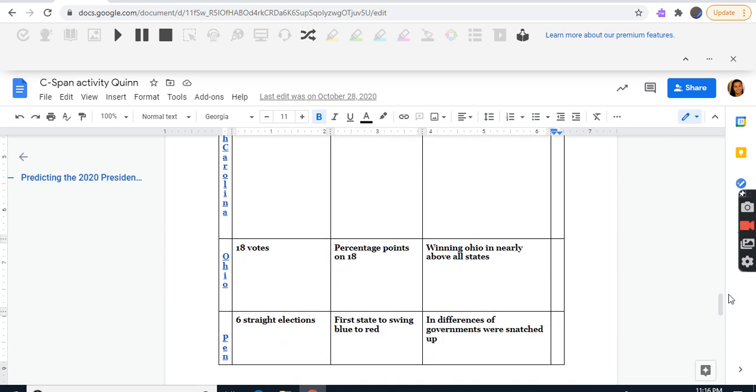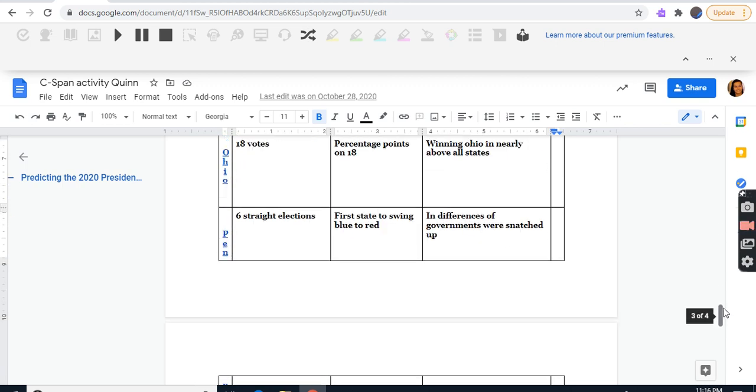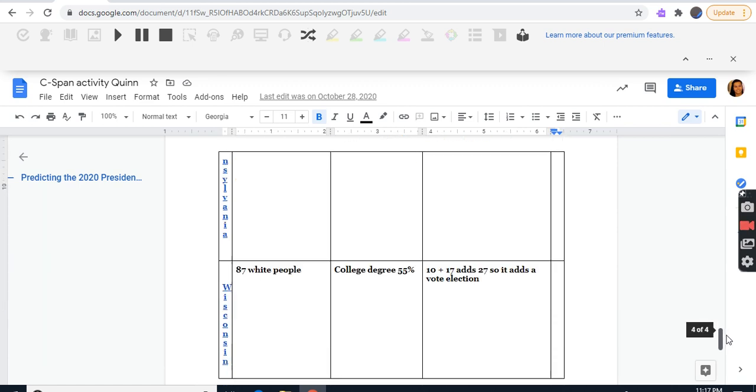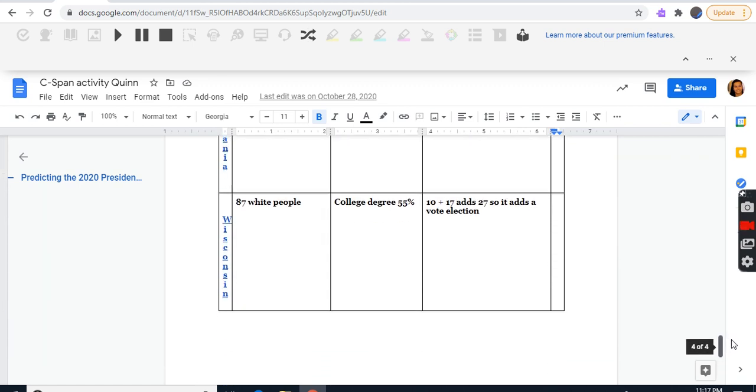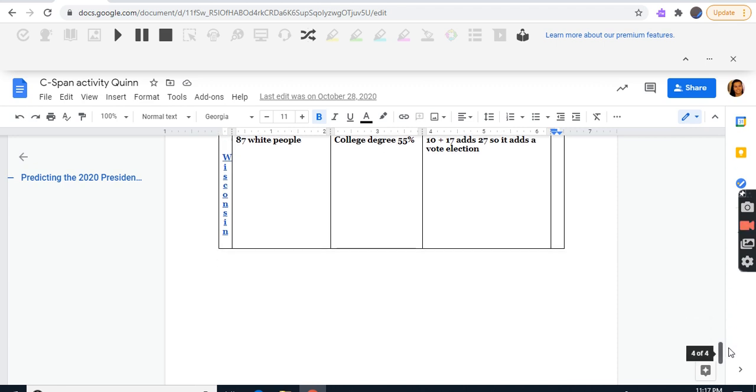Ohio, 18 votes. Winning Ohio matters. Pennsylvania, six straight elections, first state to swing blue to red. Wisconsin, college degree 55%.